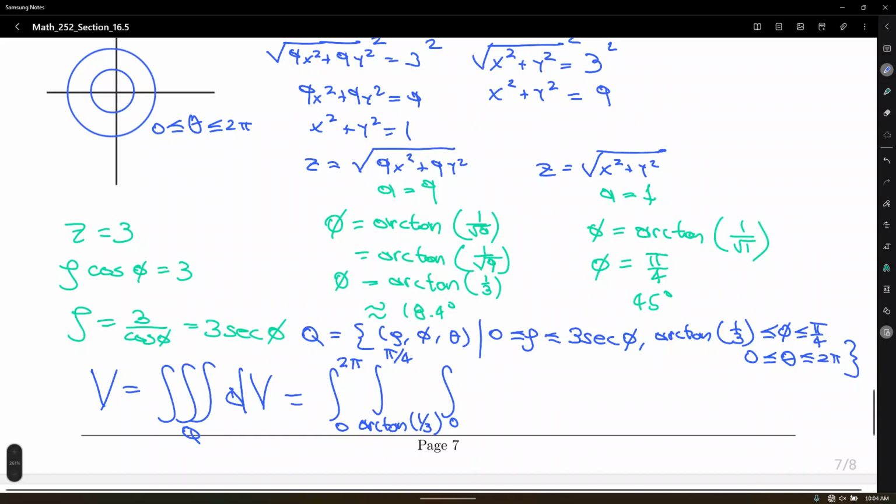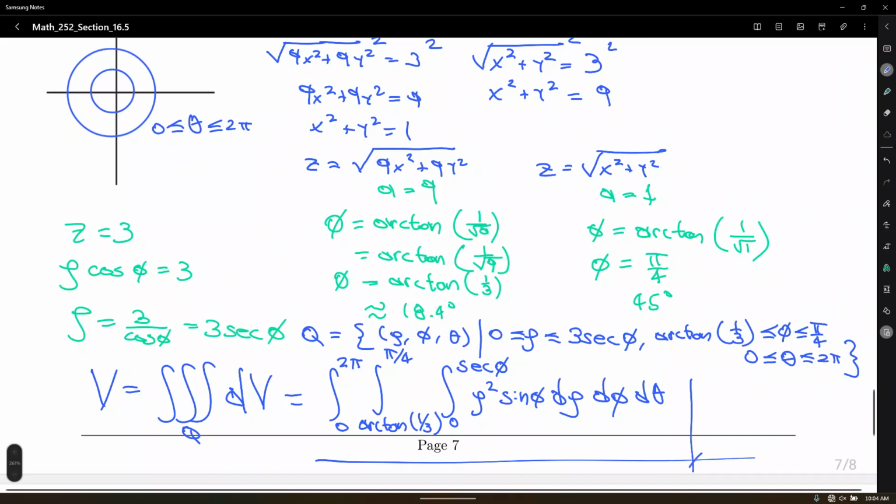But again, it's not a sphere. The radius varies by the plane, it's not constant like a sphere. So that is secant phi rho squared sine phi d rho d phi d theta.